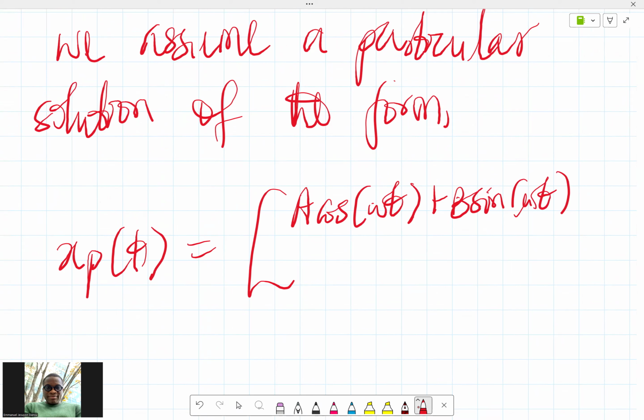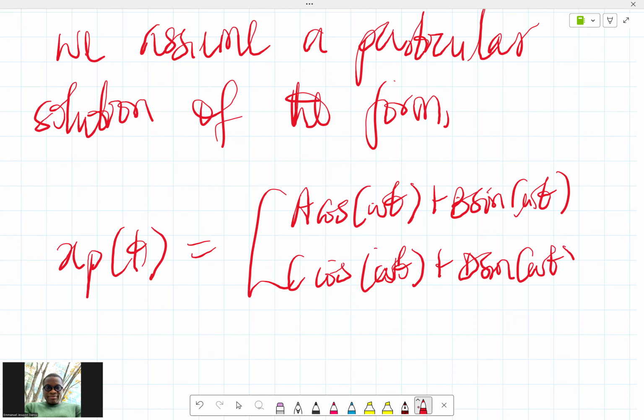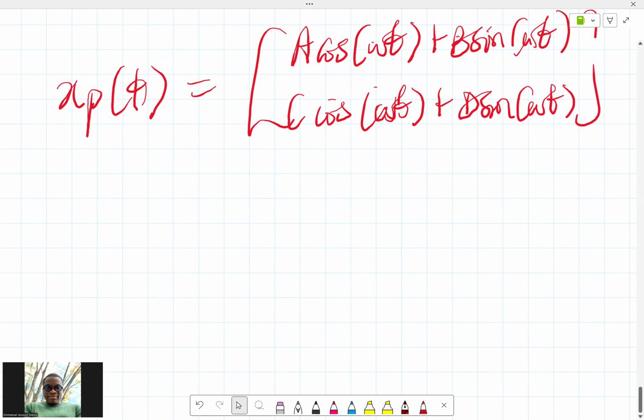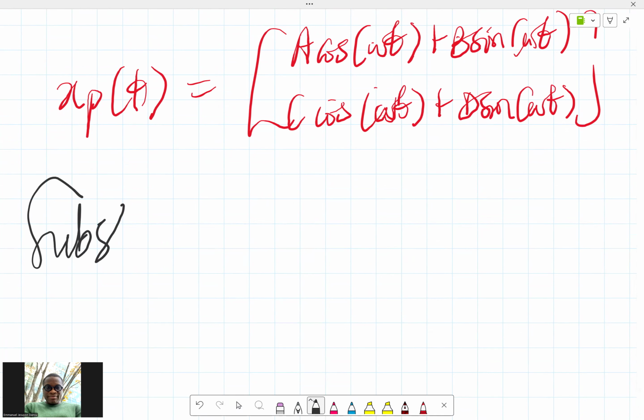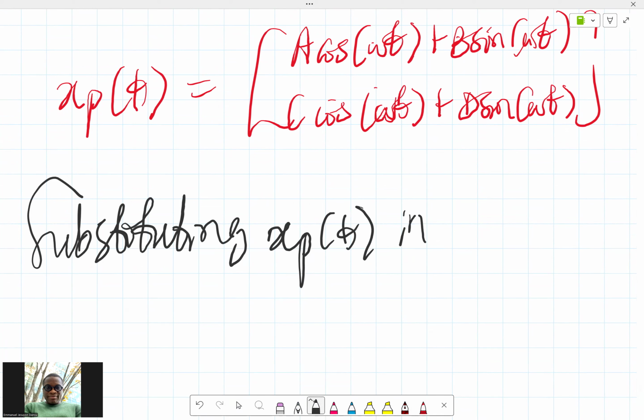For the second part, for your y, c cos omega t plus d sine omega t. So we have that. Then we need to substitute xp of t into the system.